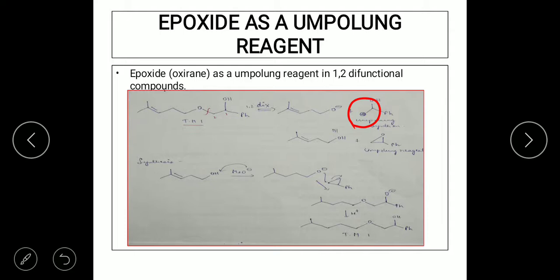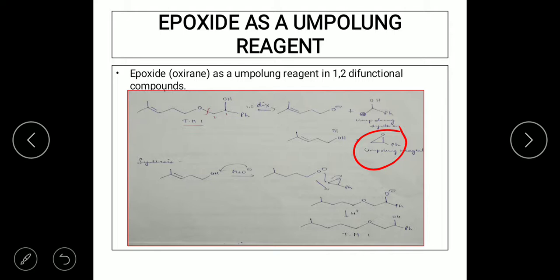Now why are we using the positive charge for carbon 2? Because there is a trick behind this kind of synthesis. Whenever we get a positive charge on the second carbon, and there is a hydroxyl group attached to C1, then definitely the synthetic reagent can be an epoxide.